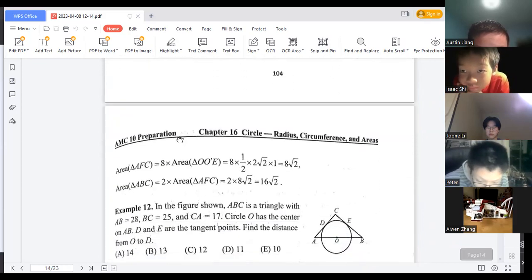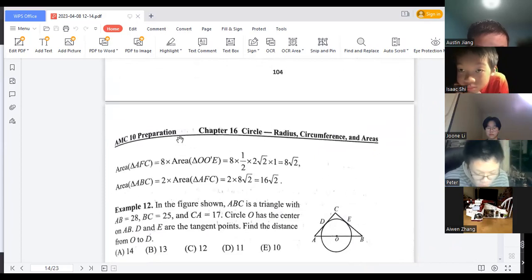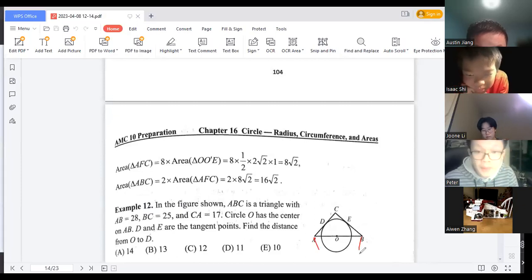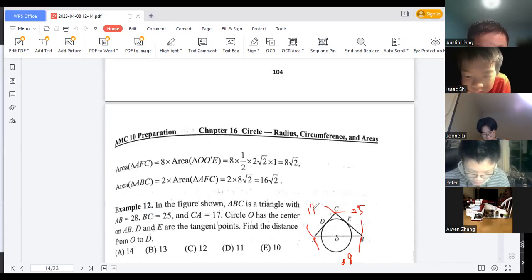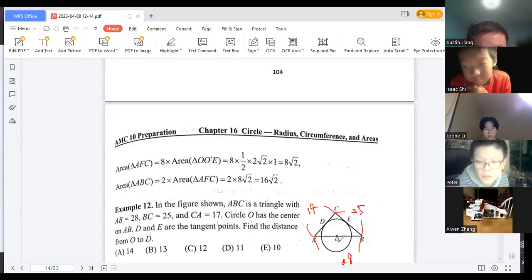So now let's take a look at number 12. In the figure shown, ABC is a triangle with AB equals 28, BC equals 25, and AC equals 17. Circle O has the center on AB.